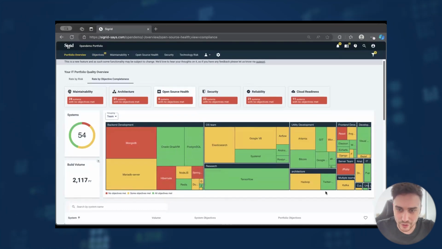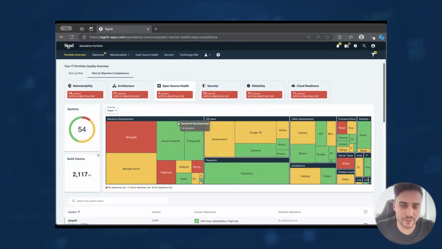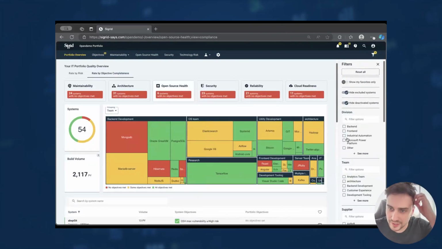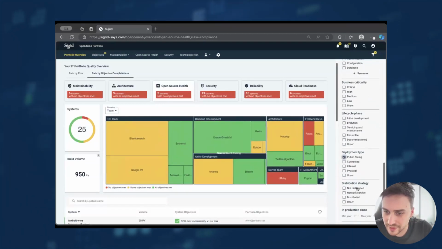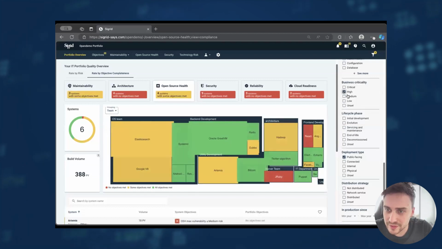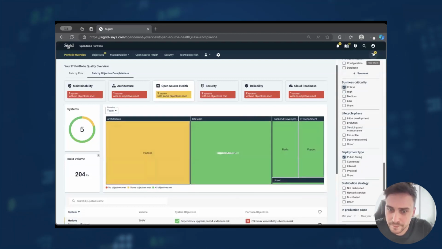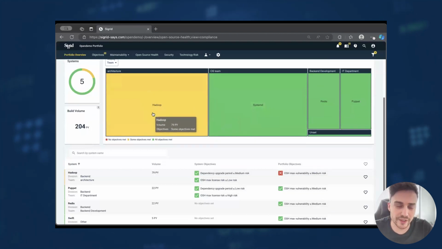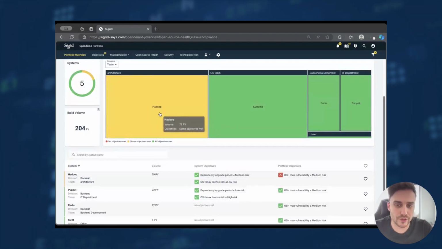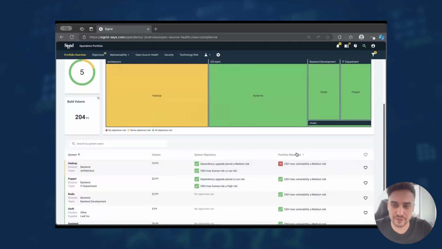You will see that there are a lot of systems here, and that's because some of these systems have set system level objectives. Let's filter out the public facing and the critical systems. And here we see the 1 system that does not adhere yet to this new portfolio objective.